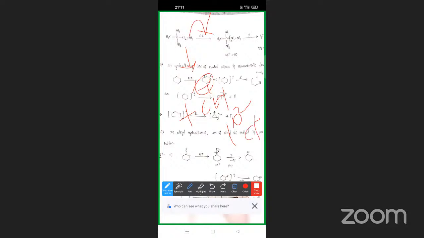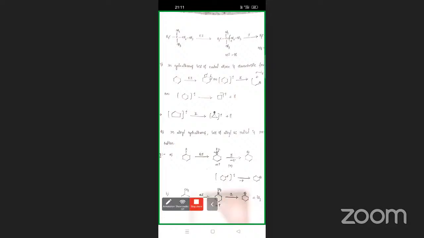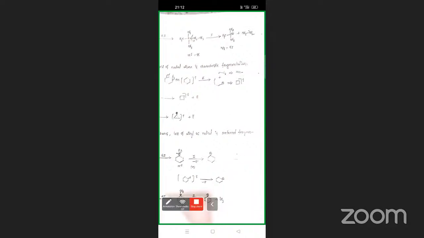And if you remove here, this is a tertiary carbocation. Generally, the stability of carbocations is tertiary, then secondary, then primary. So after fragmentation, the formed cation must be a stable one.